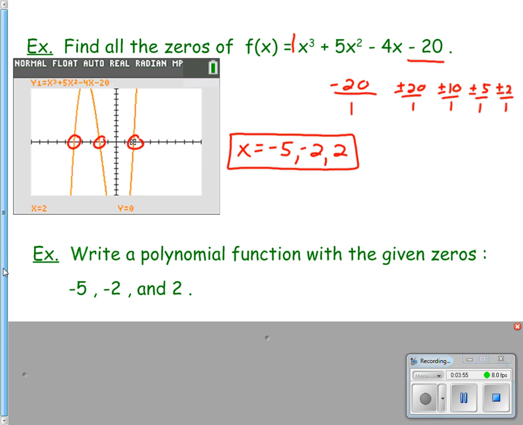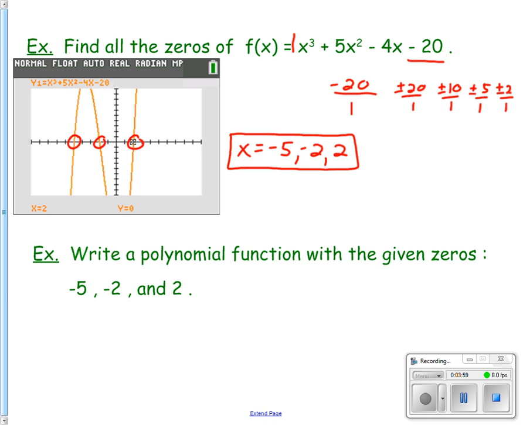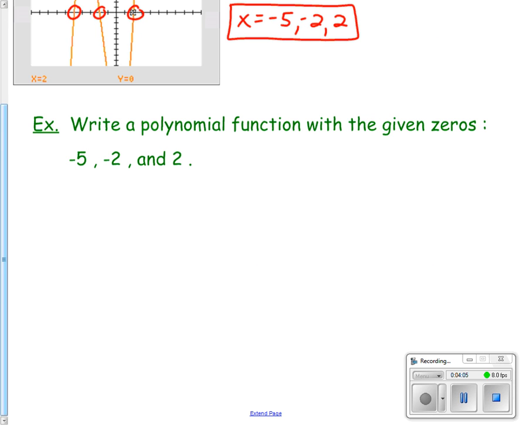On the other hand, we can work backwards. If I tell you that a polynomial has zeros -5, -2, and 2, you can come up with the polynomial. You know that x equals -5 is a solution, x equals -2 is a solution, and x equals 2 is a solution. If we rearrange this equation, I'll add 5 to both sides.